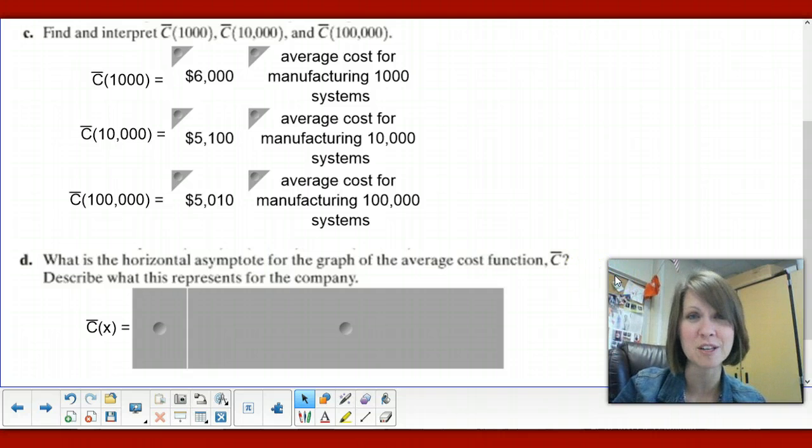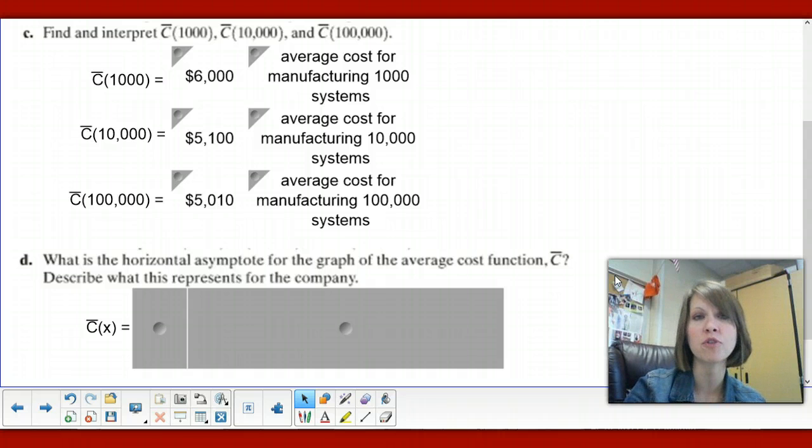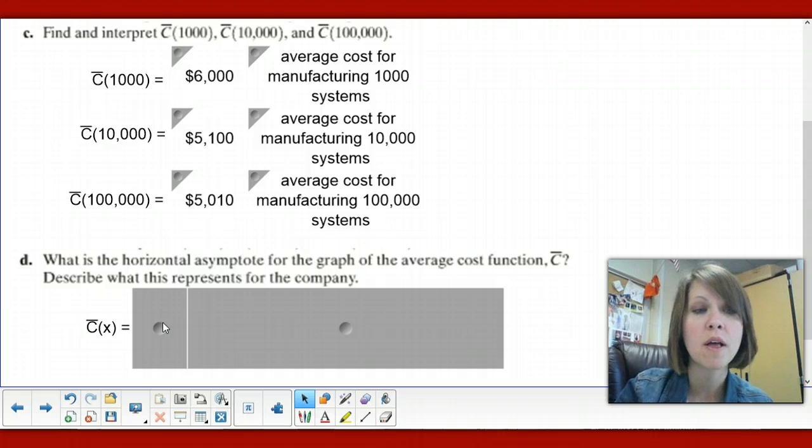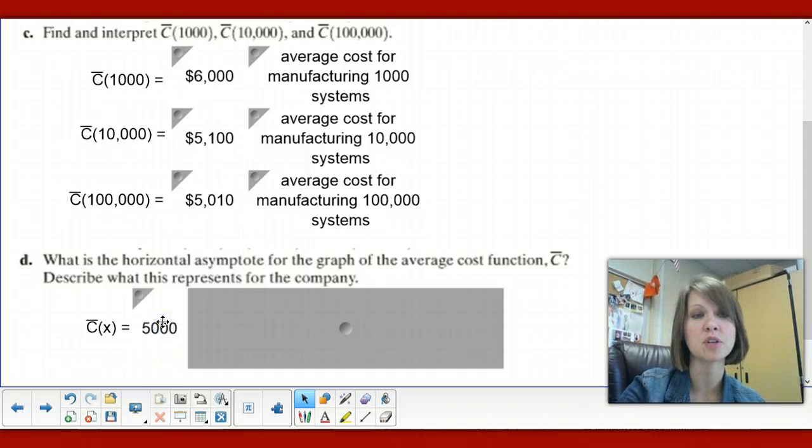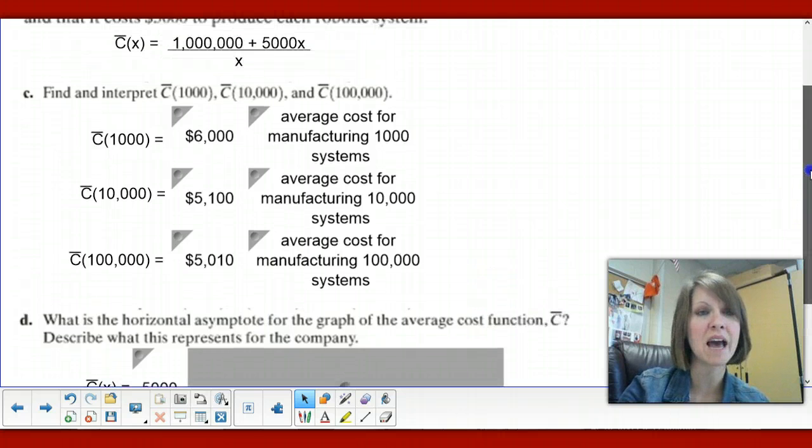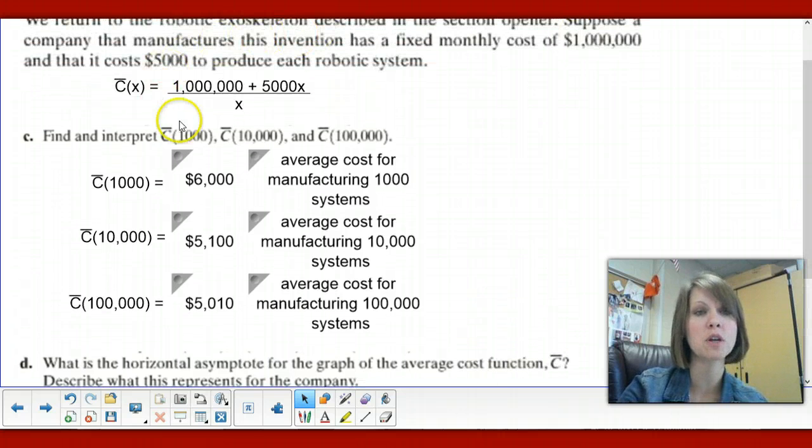You have some of these in your group assignments to do. What is the horizontal asymptote for the graph of the average cost function, C, and describe what it represents for the company? So the horizontal asymptote is 5,000. We can get that from up here at the cost function by checking out, if we're thinking horizontal asymptote, we're talking degree.